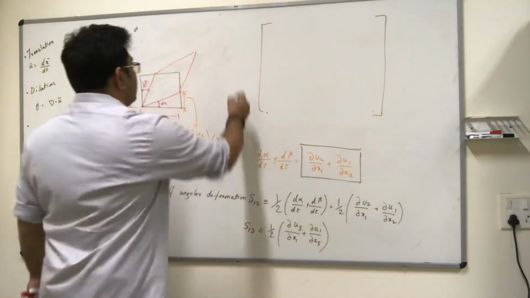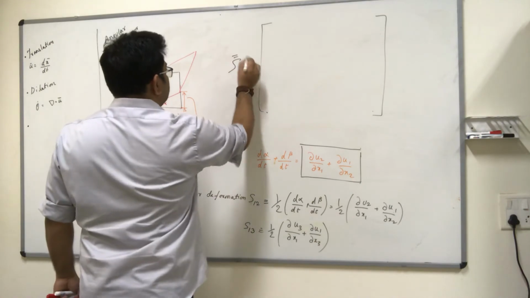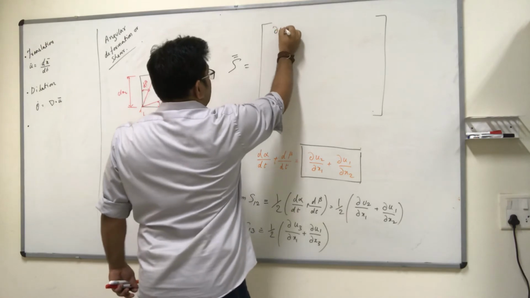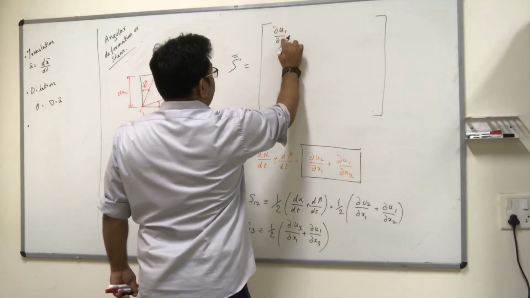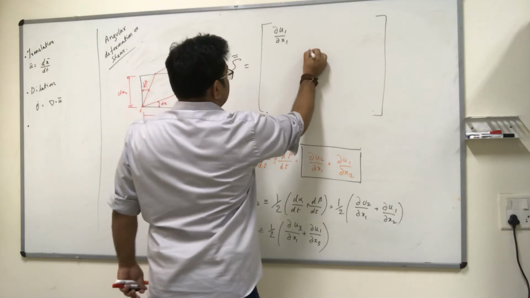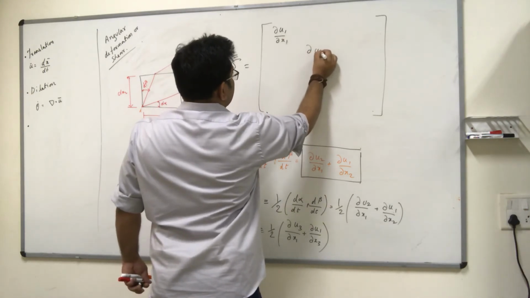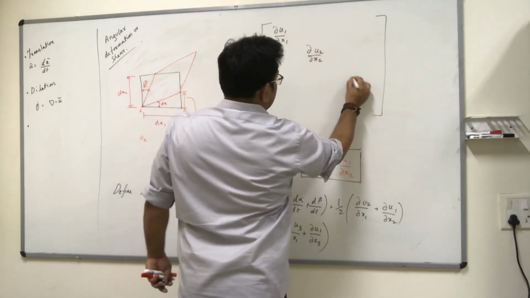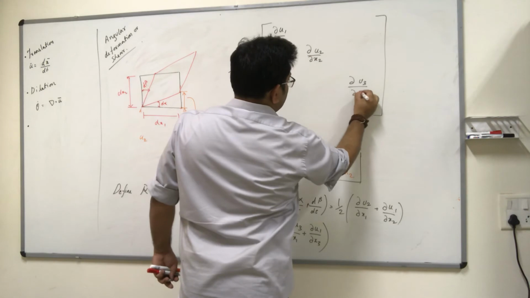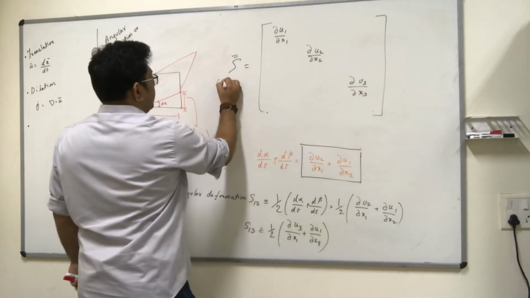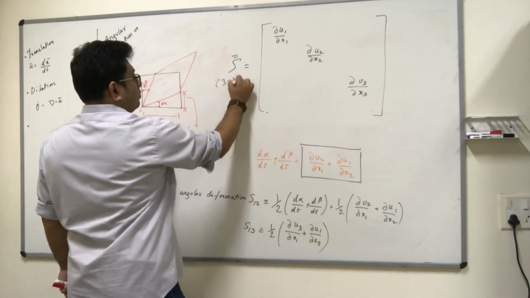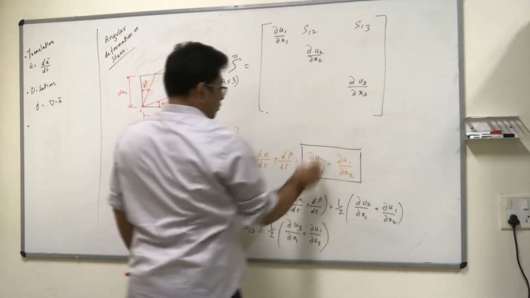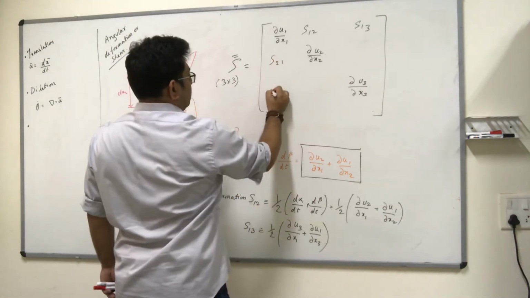Let's say I want to define a new matrix here, and this quantity S, I could define the diagonal terms as, okay, this is a 3 cross 3 matrix. And here, of course, I have S12, S13 from here.